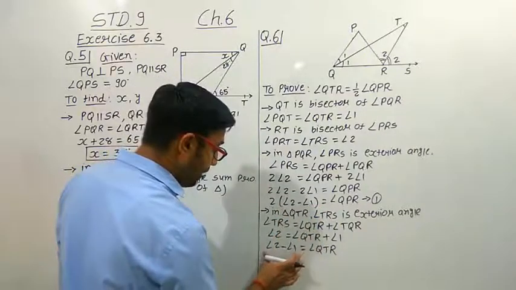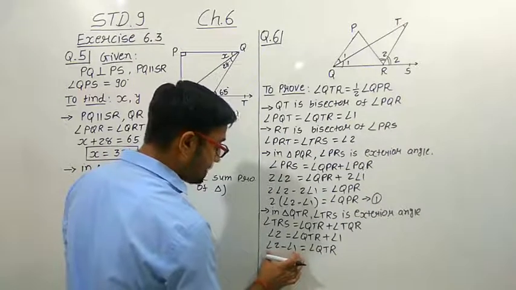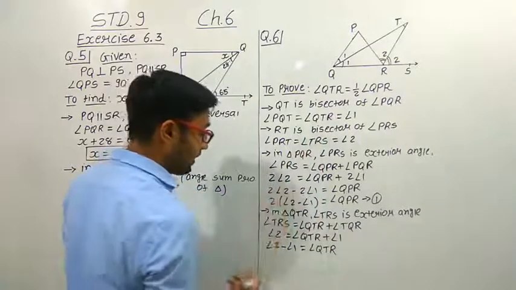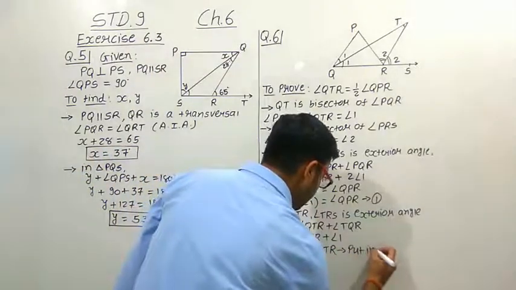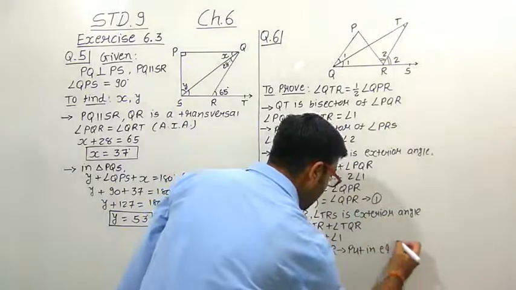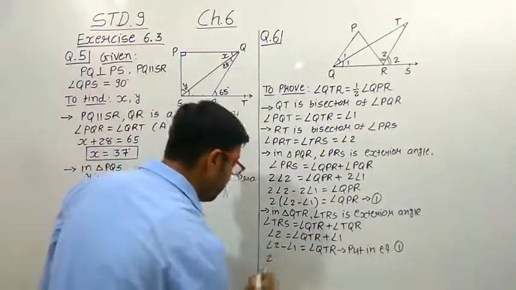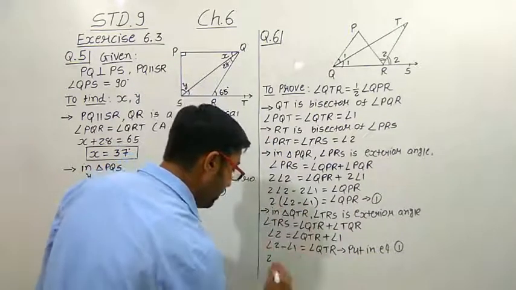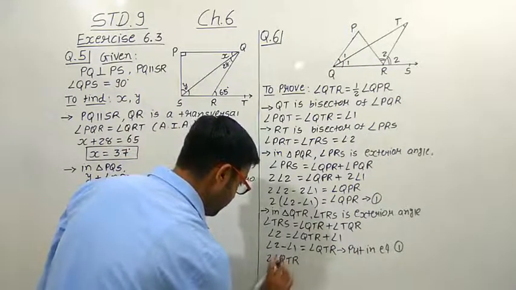So when we put this value of angle 2 minus angle 1 here, we can get whatever result we require. So put this value in equation number 1. We get the 2 as it is, and instead of this bracket, we can write angle QTR, right?